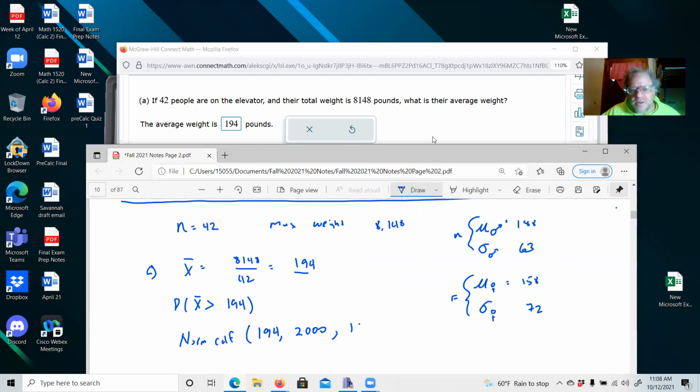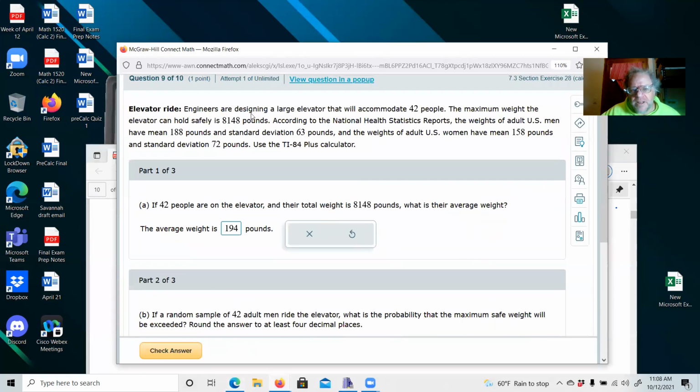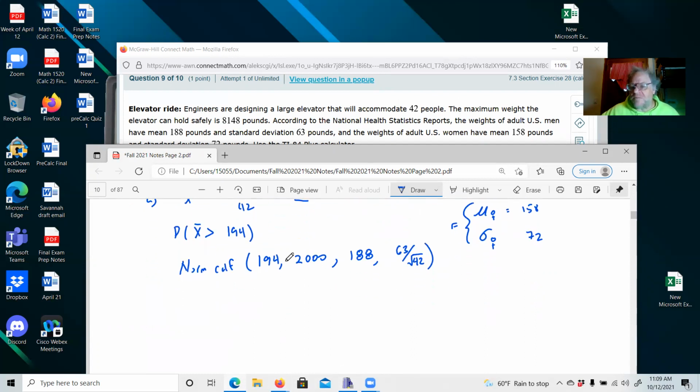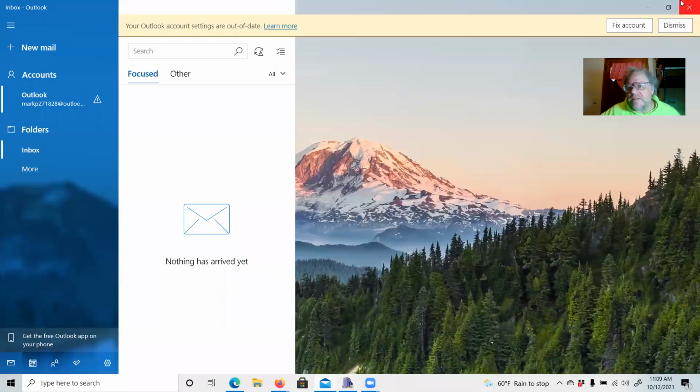Was it 178 or 188? Can't remember already. 188. Now I know how you guys feel, right? All right, and we need a standard deviation. So our standard deviation is going to be 63, but it's a group. So the standard deviation is 63 over the square root of n, 42. All right. So let's figure out the probability that we exceeded this weight.